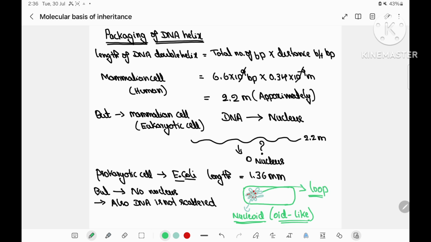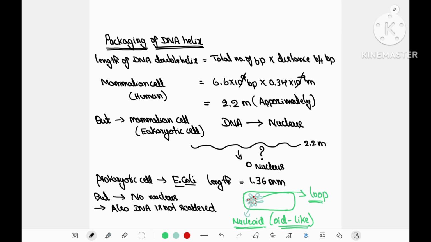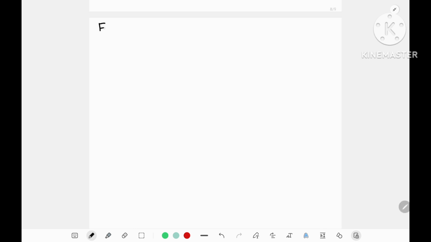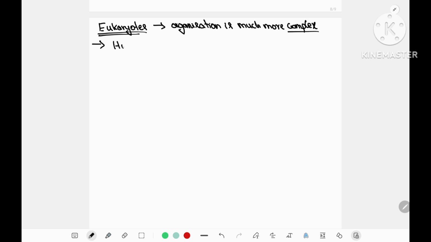Here the loops of DNA are formed when they are associated with the proteins, which results in the formation of a single chromosome that you have studied in first year, in the chapter on biological classification.